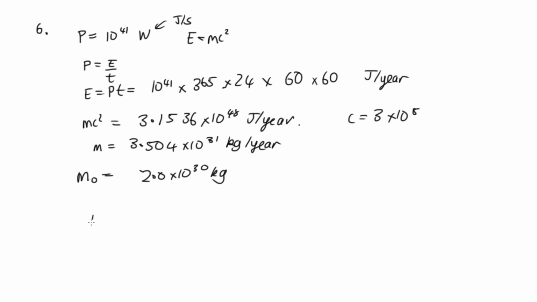And so the mass is going to be equal to 17.52, which to two significant figures is 18 solar masses per year. So there you go, a normal quasar, which is very active, is burning about 18 suns, and by burning we mean completely converting all the mass to energy per year.